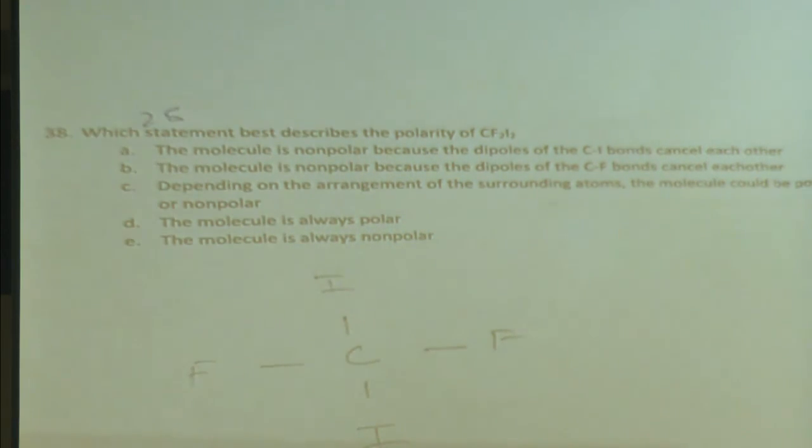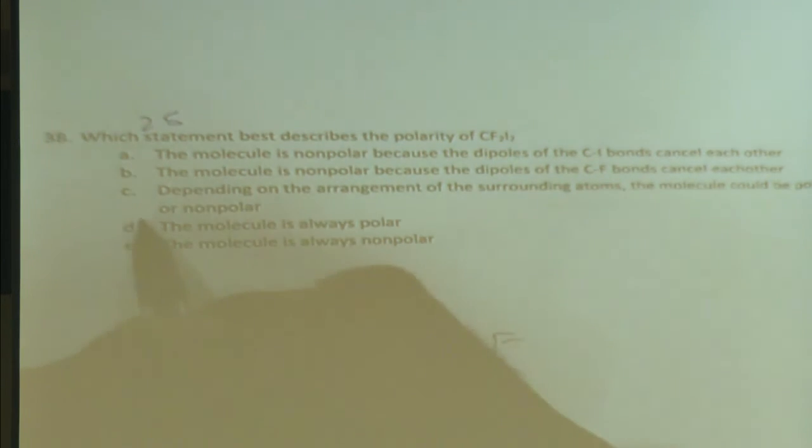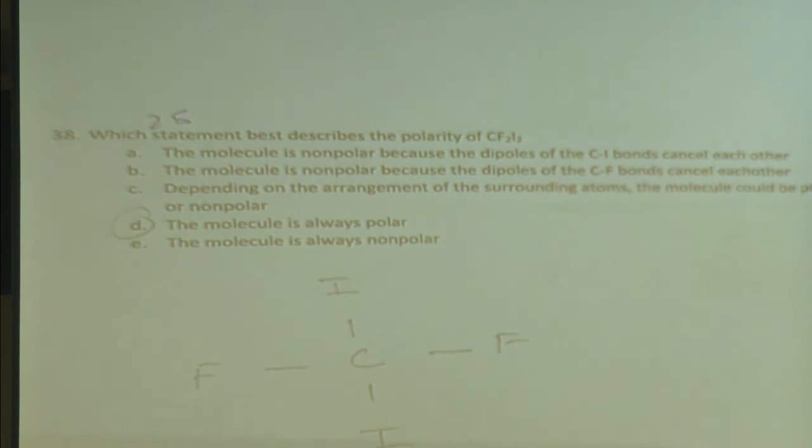That would be square planar. This is tetrahedral. It's almost like a tripod with a big stick coming out of it. So they need to all be the same magnitude, so when they pull in separate directions that are equal, they all cancel out. But if that's not the case, two directions will get pulled a little more than the other 2 directions, and that will have polarity. It'll look different. So the statement is actually this molecule is always polar. The I's will not cancel out with the F's evenly, and there will always be polarity towards the fluorines.